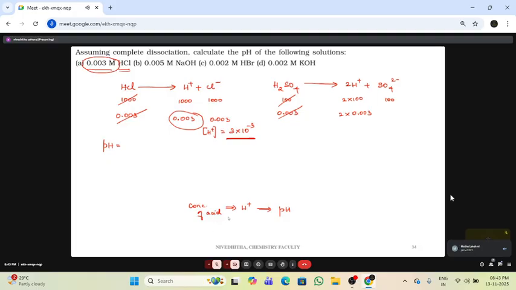Yes, Muthulakshmi's answer is 2.523. That's it. So the exact answer is 2.52. Perfect, superb. Now, guys, can you please do it for sulfuric acid? You have the H plus ion concentration, which is 0.006.